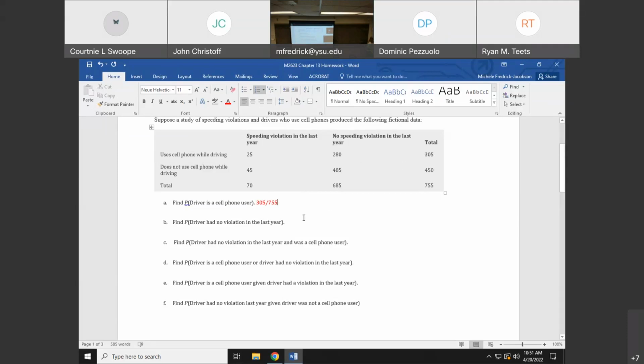The driver had no violations last year. Speeding violations, no speeding. So the driver had no violations would be 685 divided by the 755.